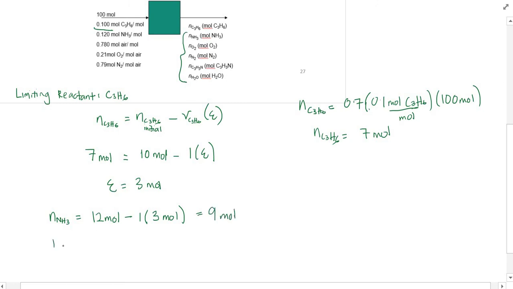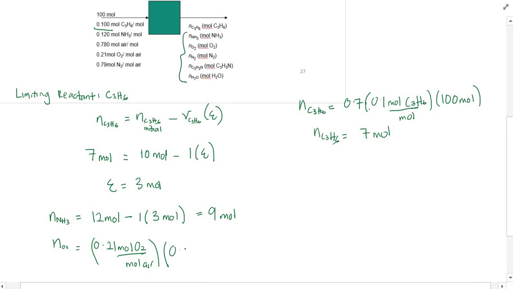Then the same thing, repeat for oxygen. Oxygen is 0.21 mole of O2 per mole air. It's better to write it down here, because if I directly show the value that I calculated, you don't see the calculation method, how to get that value.